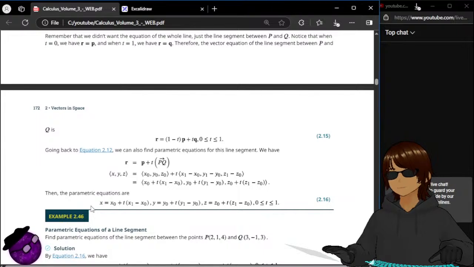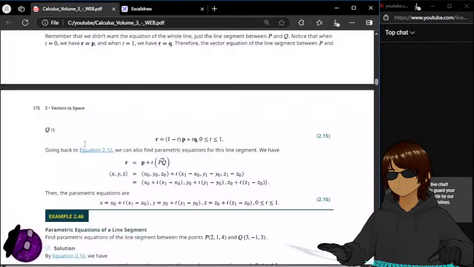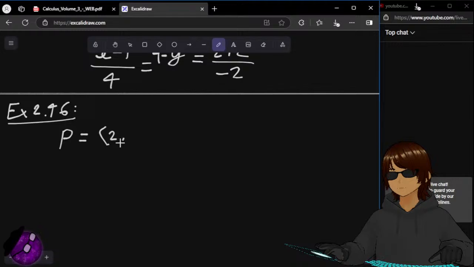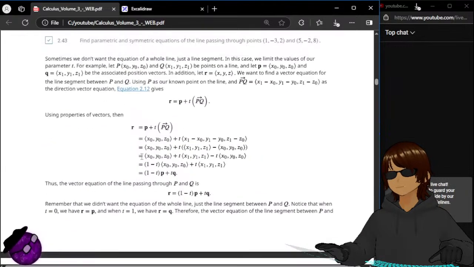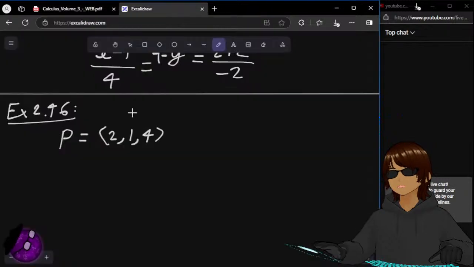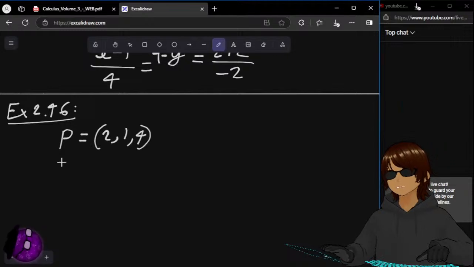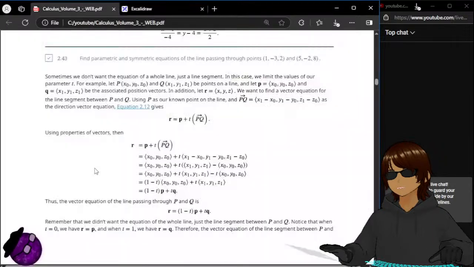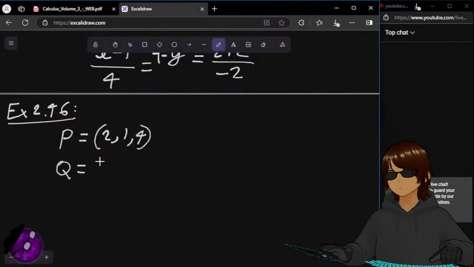Find parametric equation between the points P and Q. So P is 2, 1, 4. Hold on. No, a point is not defined like this. Point is defined like this because the other bracket is a vector. Q is 3, -1, 3.